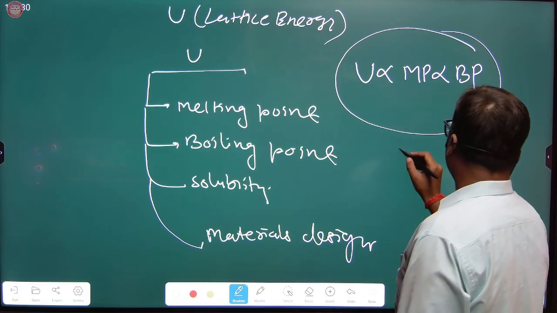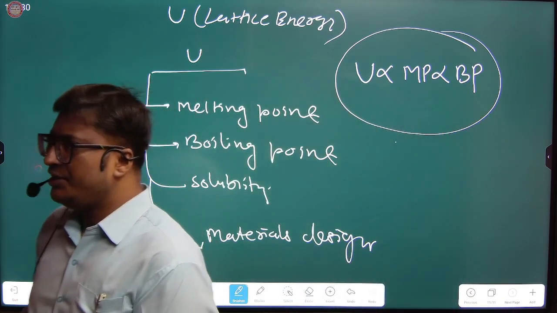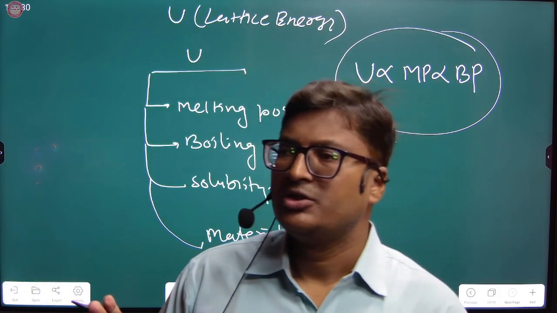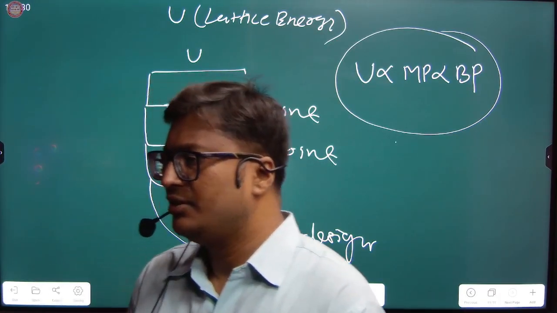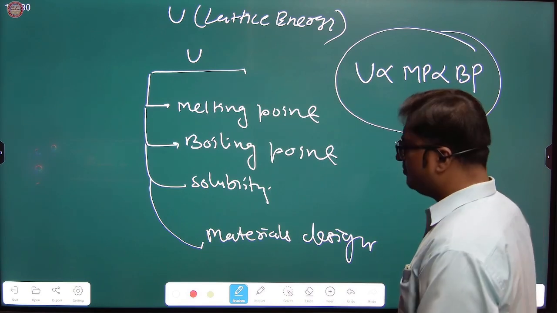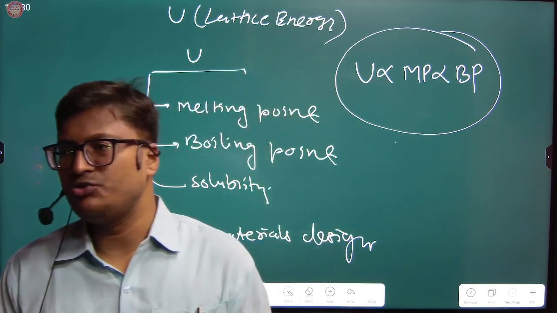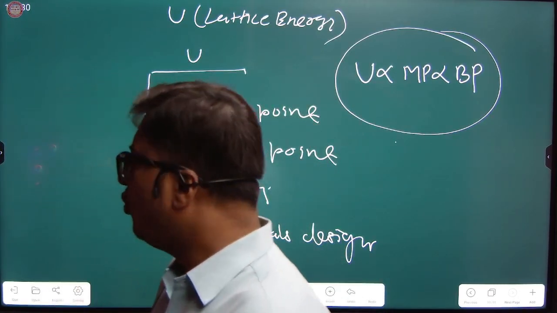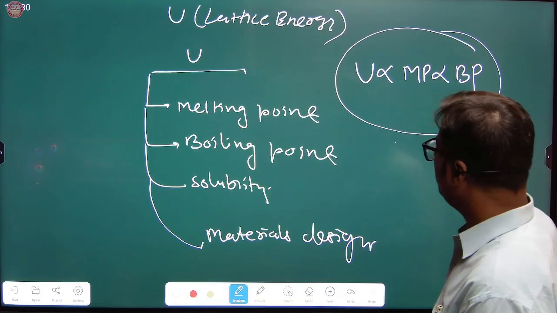And solubility, U determines the solubility behavior of ionic compounds. So suppose we have an ionic compound. If this ionic compound has very, very high lattice energy, then what do you expect? High lattice energy means the electrostatic force between these two ions is very, very strong, the lattice structure is more stabilized, and the forces that bind the ions are very strong.